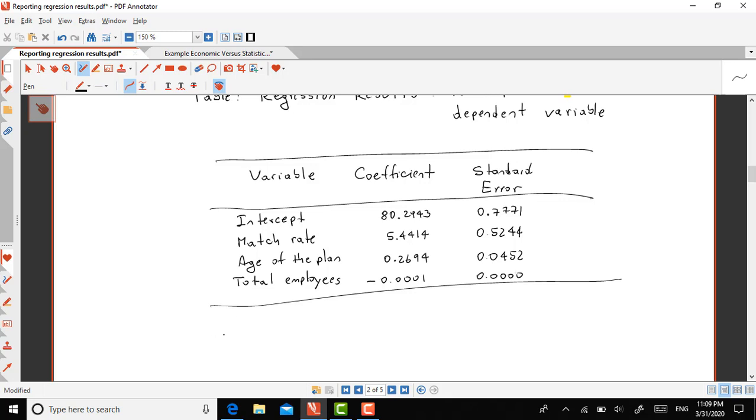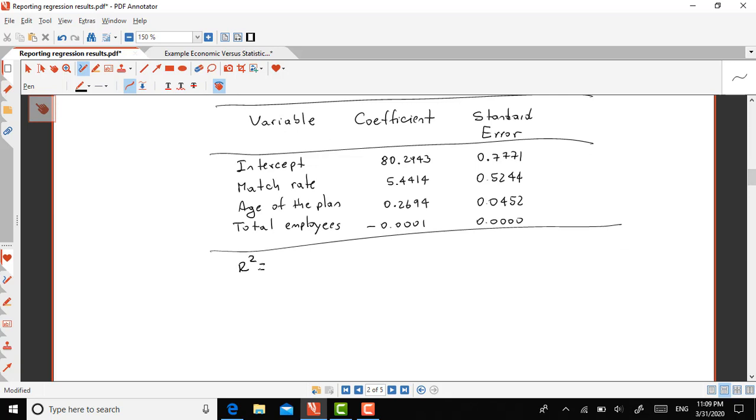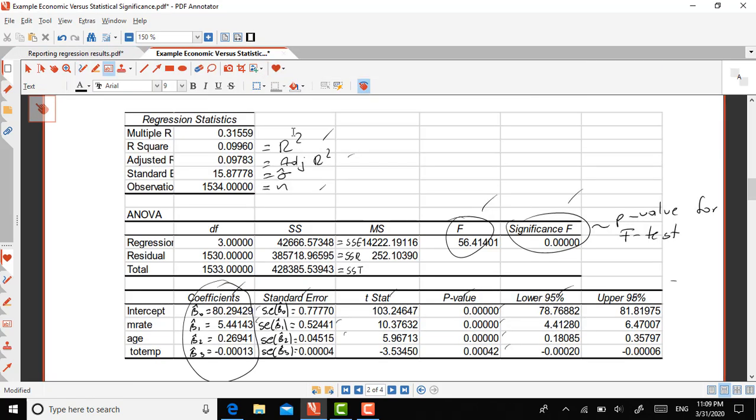And then we have once again the R square, which we already used: 0.0996, and 1534 observations. We have the F stat, which is equal to 56.4140, with the p-value less than or equal to 0.01. Okay, so again, in the same table, we got the R square.